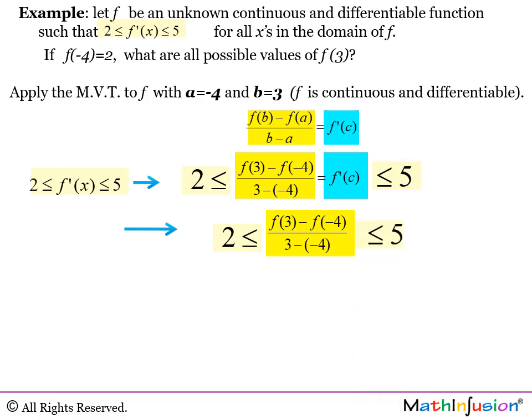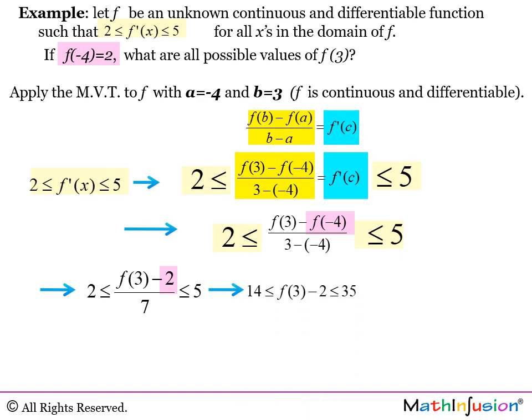Now I'm going to replace what is given. It is given that f of negative 4 is 2. So I'm going to replace this by 2. And with your permission also, I will calculate 3 minus negative 4 to be 7. Now I have to solve that for f of 3.